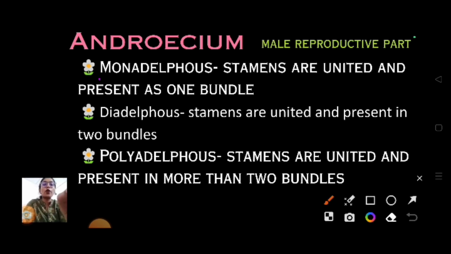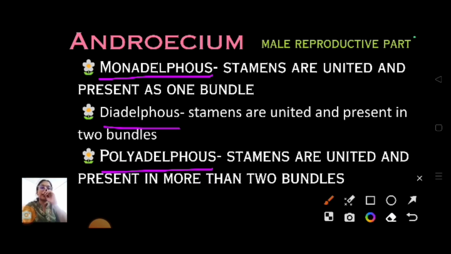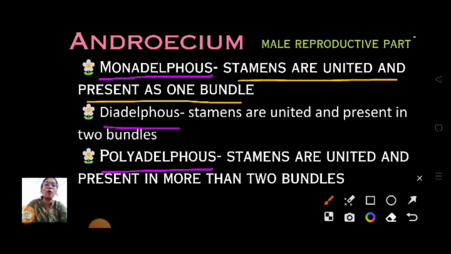Now coming to monoadelphous condition. Three conditions we'll see: monoadelphous condition, diadelphous condition, and polyadelphous condition. So in monoadelphous condition, stamens are united and present as one bundle. Means all the stamens, whatever number of stamens are there, all are united and present as one bundle only in monoadelphous condition.